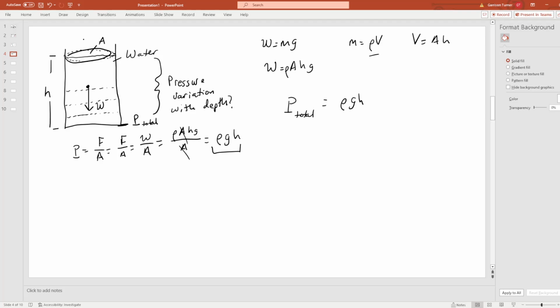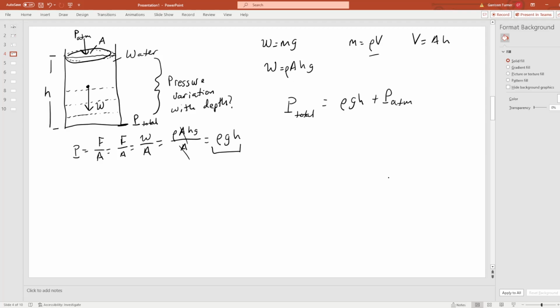But if there's pressure initially pushing down on the top of the water from the atmosphere, then you have to include that, because the higher the pressure is at the top, the more that pressure is going to be pushing down on the water totally, and that is going to increase the total amount of pressure that the bottom of the container feels.